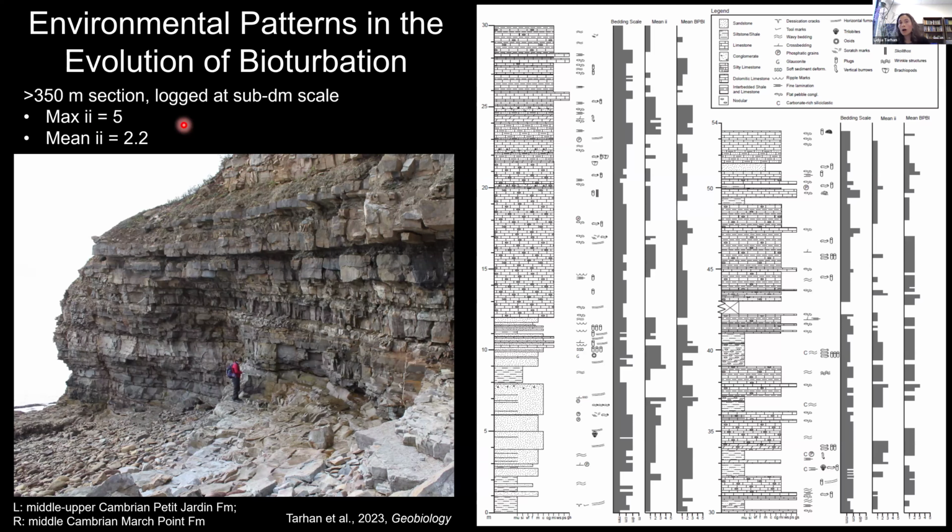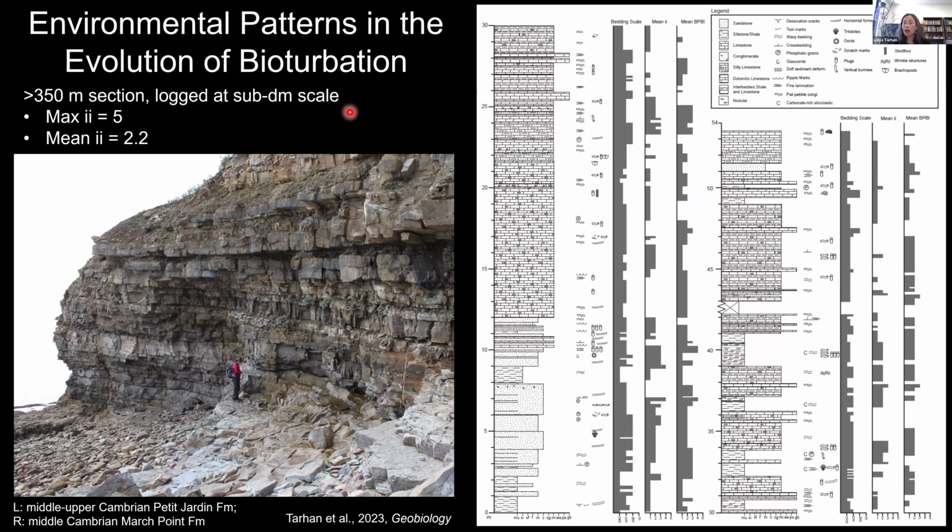So on the whole, much of what we see in the Port-au-Port succession is very much in keeping with what we saw in those heterolithic siliciclastic strata and other deposits elsewhere, lower to more moderate intensities of bioturbation. And in fact, the mean ichnofabric index throughout the succession is only a little bit over 2.